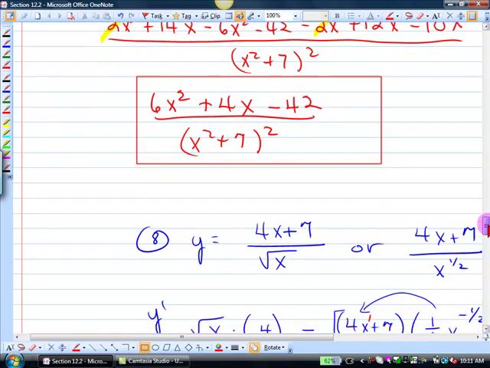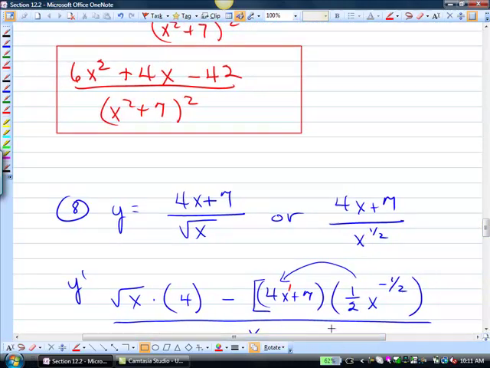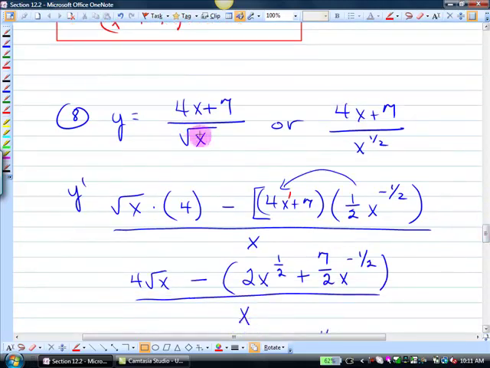Okay? All right, this number 8 is, I think I went ahead and worked this one because it's kind of a mess. So, number 8, is the problem written this way? Okay. So, you want to think of it as this, 4x plus 7 over x to the 1/2. Why did I leave that over there?